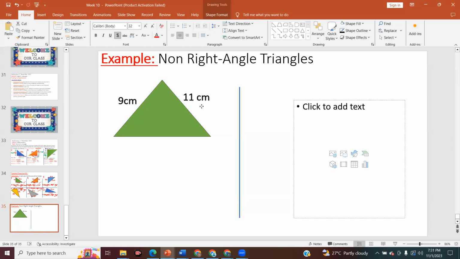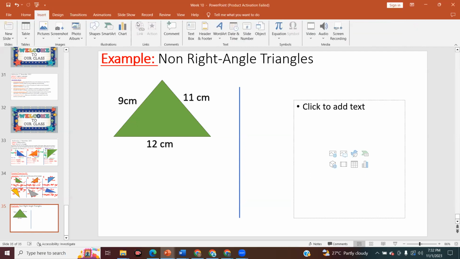Let's call this 12. So tell me, if they give you this type of triangle, what is the base? What is the height? And how are you going to find the area of the triangle?